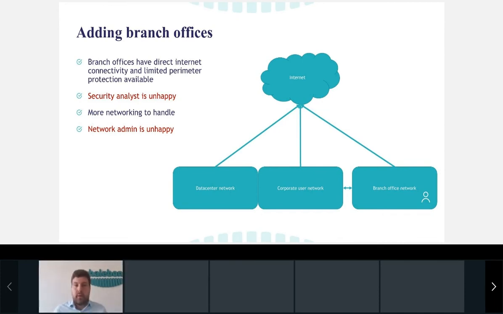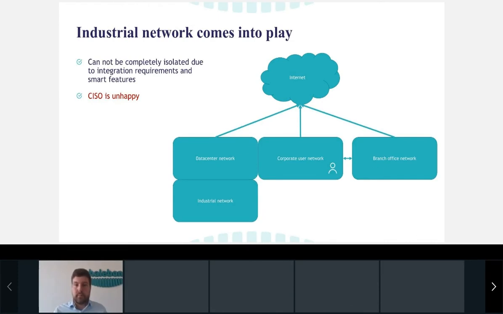Again, more places, possibly even more technologies to analyze and to configure. So again, some unhappiness for the security analyst and the network administrators, and they have to deal with this as the company is growing and the demands are growing as well.